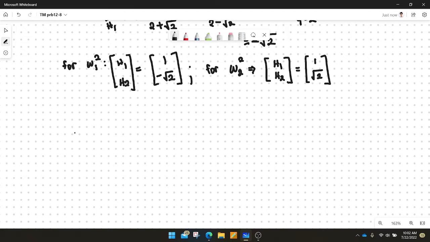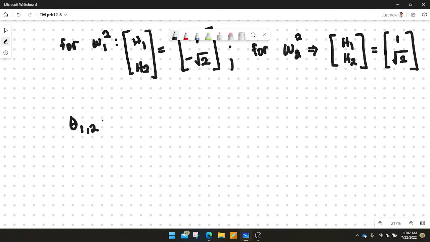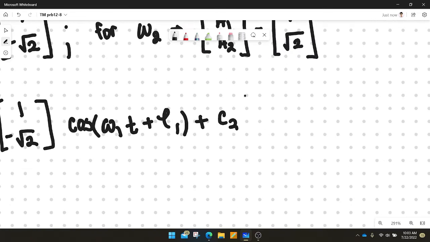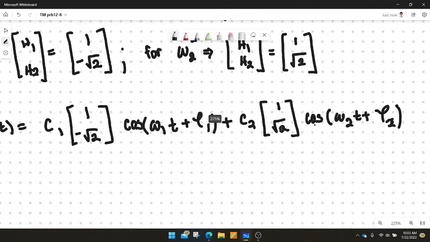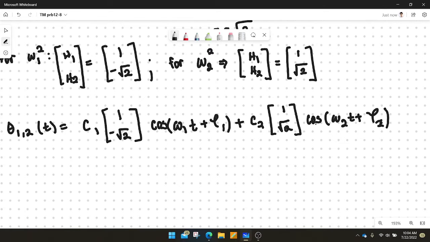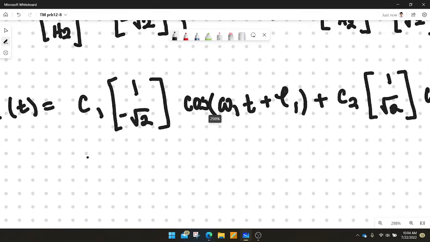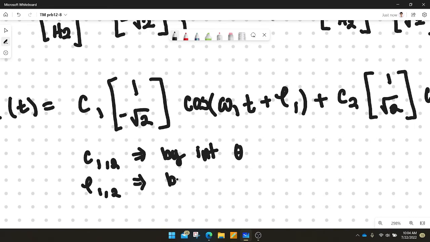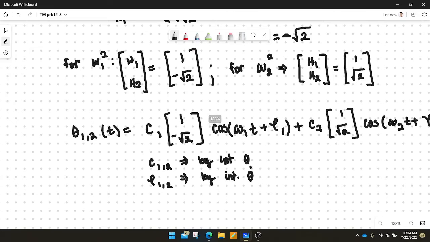For the general solution, it takes the form of this, our general solution, where C1, C2, and gamma 1 and gamma 2 are dictated by the angular velocities. For now we're not going to be thinking about the angular velocities. We're always going to be assuming that they're coming from rest.